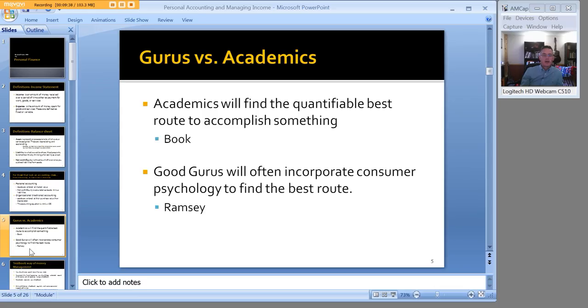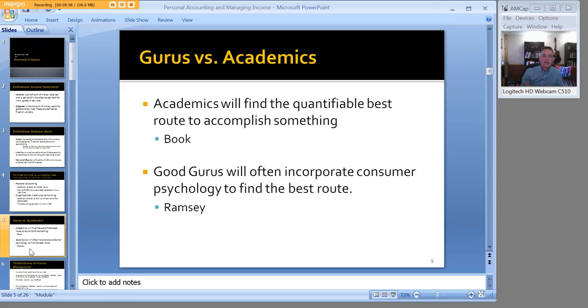Now, something I wanted to talk to all of you about in the upcoming sections is a little bit of the difference between this class and many other personal finance classes. Most classes that are taught at SDSU are taught from the academic perspective.